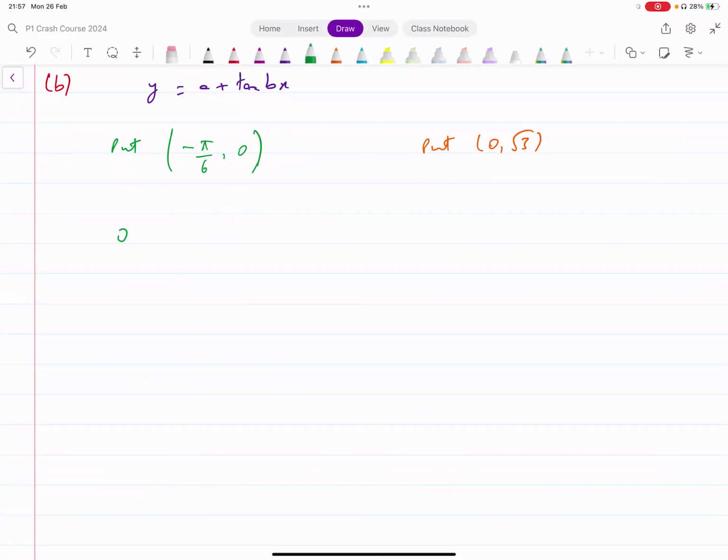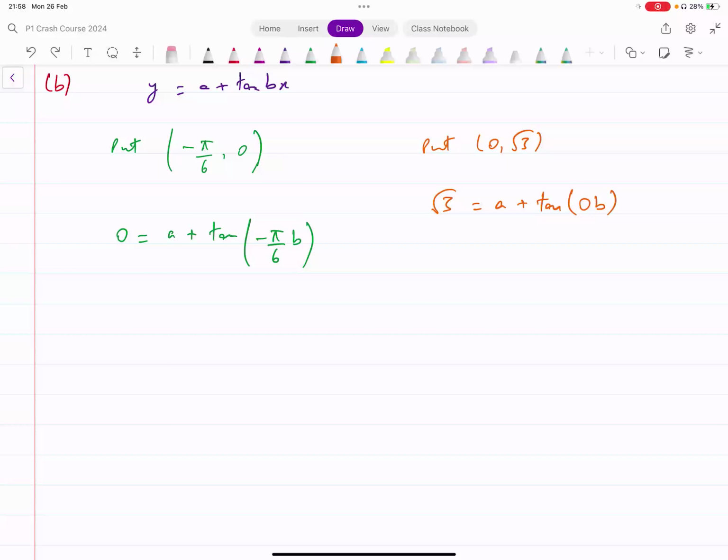Okay, so you get 0 equals a plus tan of minus pi over 6, that's the value of x, times b. Okay, what about the other one? From that we get under root 3 equals a plus tan of 0 times b, right?